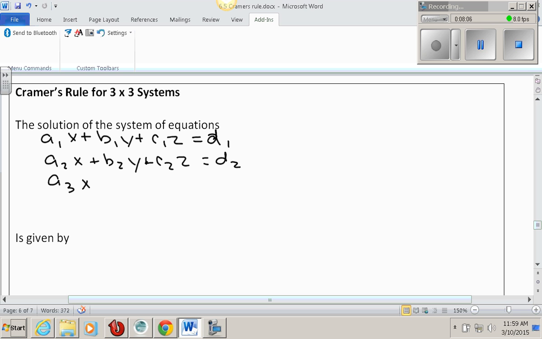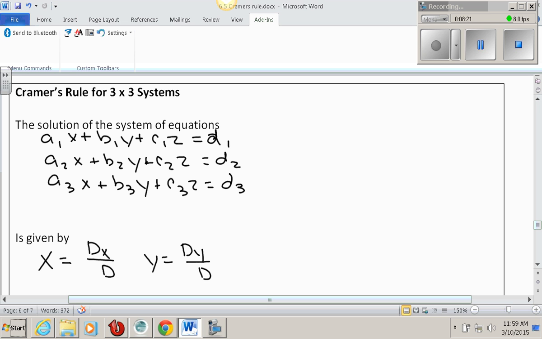And a3x plus b3y plus c3z is going to be d3. So there's your system. Your x is going to be given by the determinant of x over the determinant, y, determinant of y over the determinant, and z, determinant of z over the determinant.